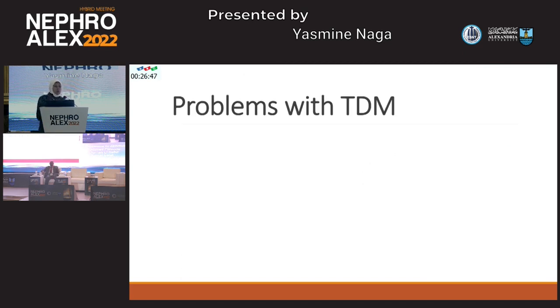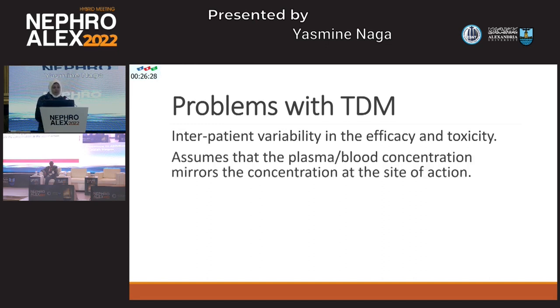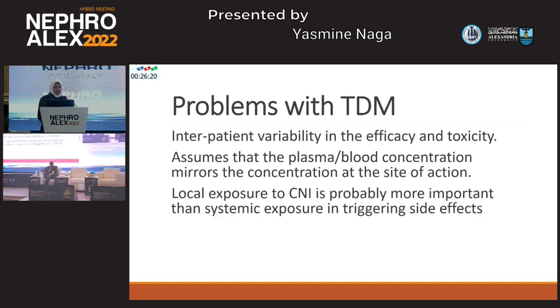But although therapeutic drug monitoring is the most commonly used, it is suboptimal. There is interpatient variability. So at the same drug level, in some patients there may be sufficient immunosuppression, and in others there will be low immunosuppression. And at the same time, at the same drug level, some patients may develop side effects while others will not. Mainly because we assume that the concentration in the plasma mirrors the concentration at the site of action, which is not always the case.